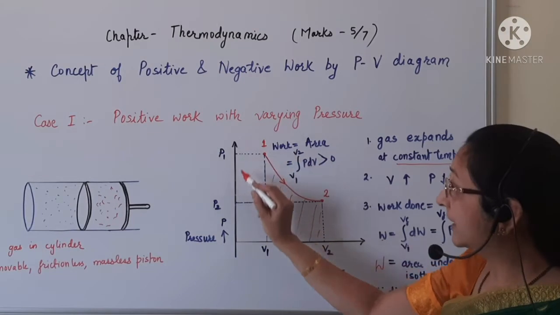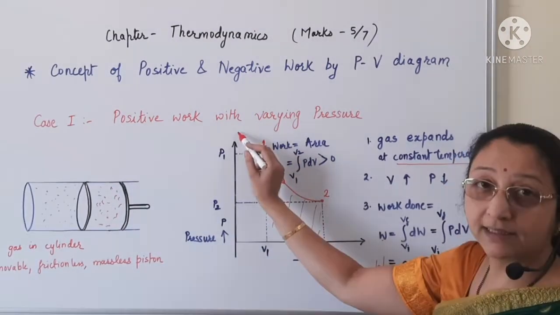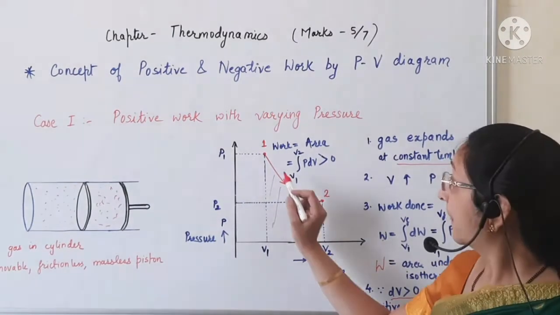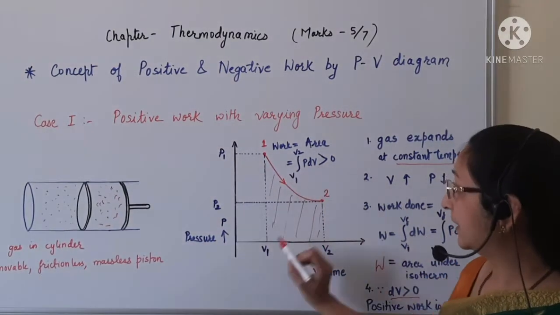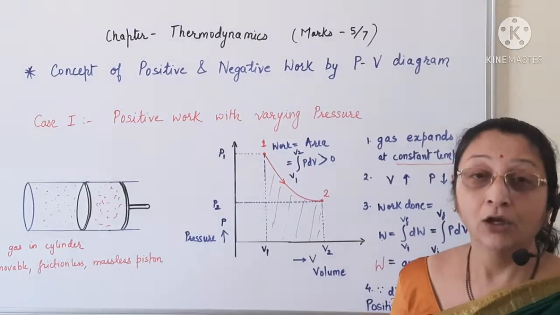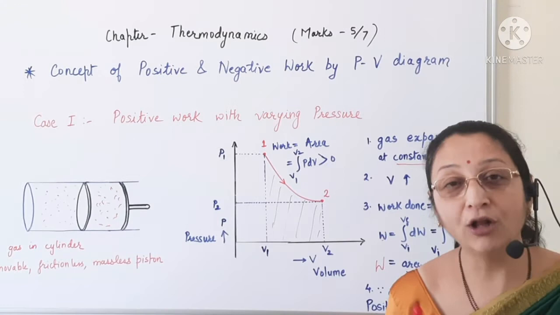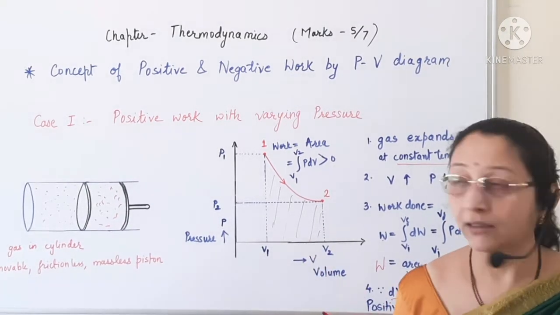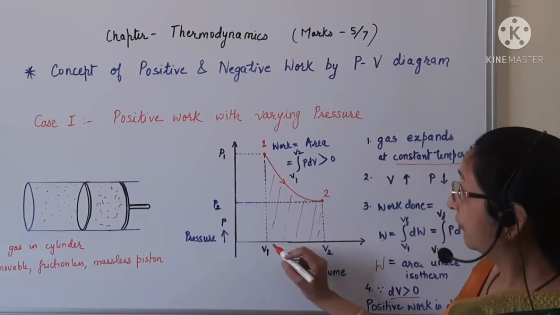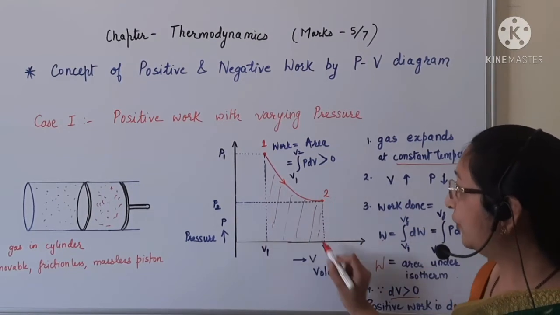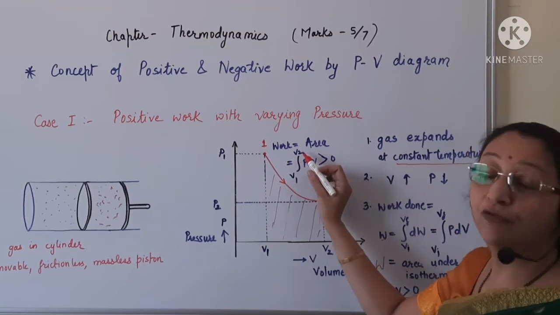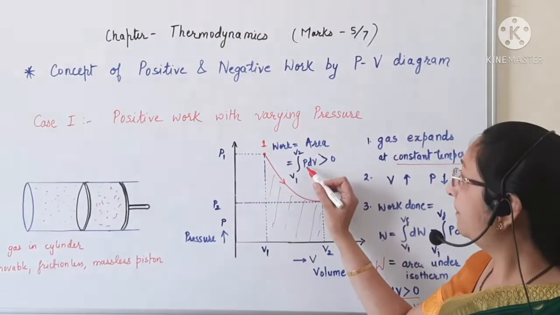Now we know that this is the pressure on the y-axis. On the x-axis is the volume. So, P into dV, that is the pressure into the change in volume, we are integrating from V1 to V2 and adding all the steps. So this area V1, 1, 2, V2, this area is the integral from V1 to V2 of PdV.